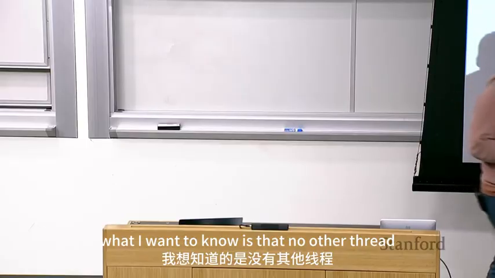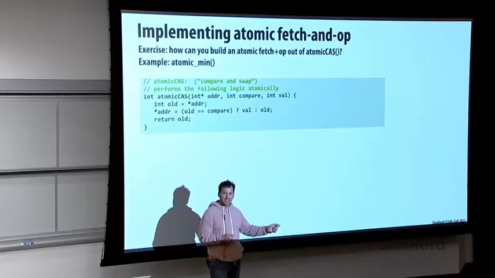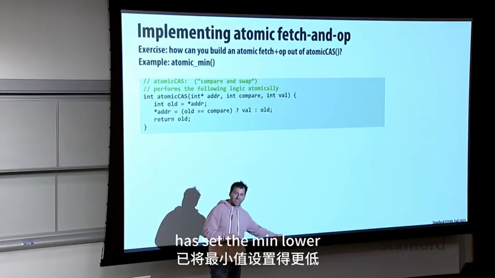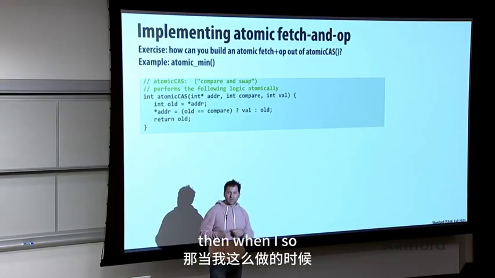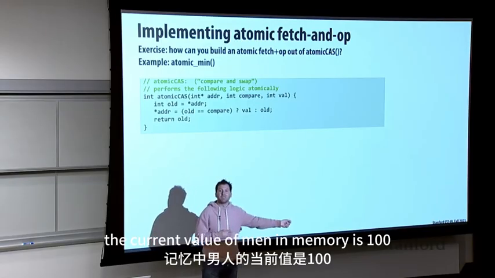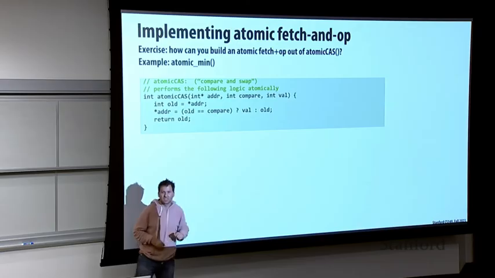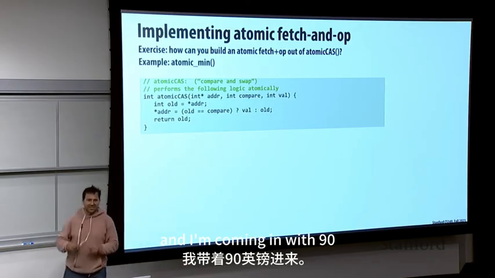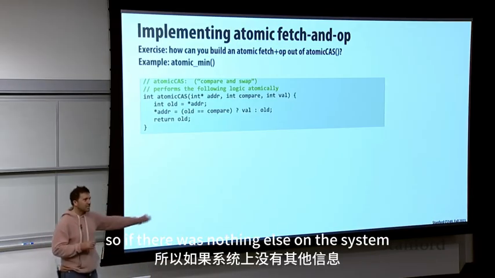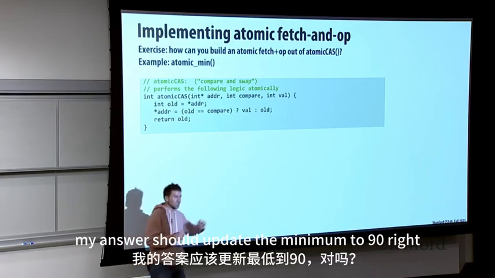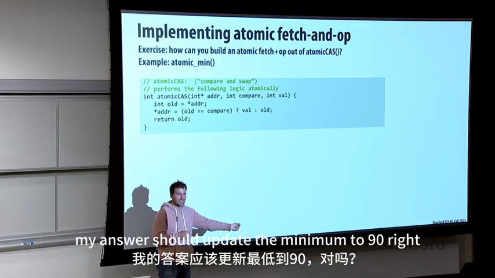What I want to know is that no other thread has set the min lower than what I have. Let's just say that the current value of min in memory is 100. And I'm coming in with 90. If there was nothing else on the system, my answer should update the minimum to 90, right?